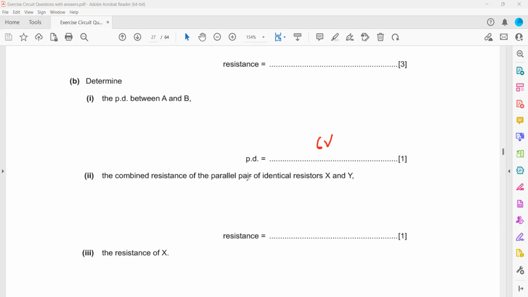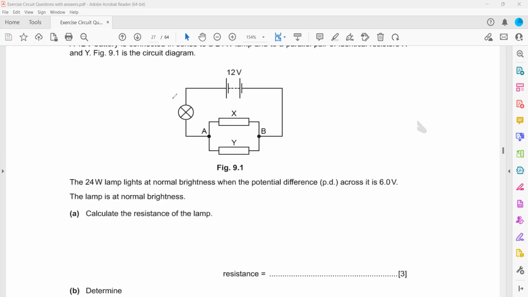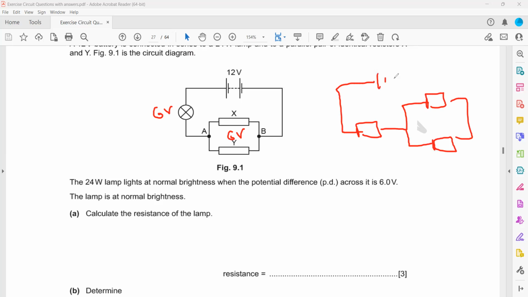The combined resistance of a parallel pair of identical resistors X and Y. So we want the combined resistance of the two. Again, you don't have to do calculation, because here we have 6 volts and this also 6 volts. If the voltage is divided equally, it means the two components have equal resistance.